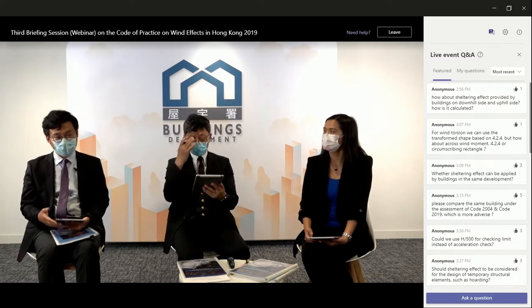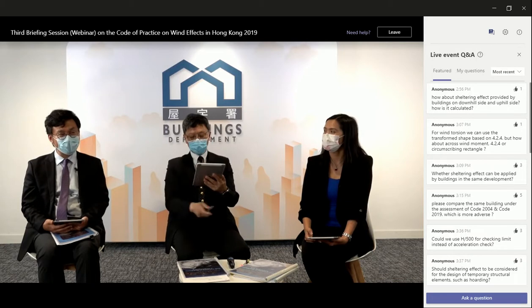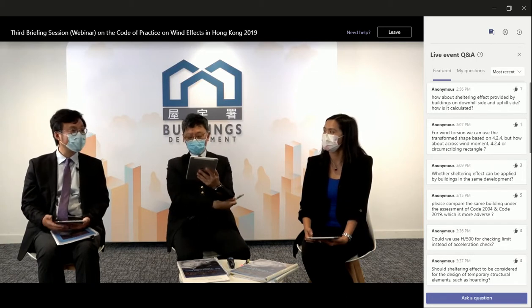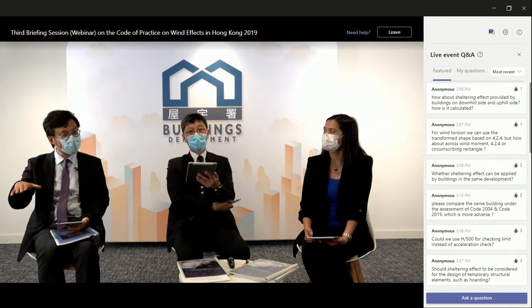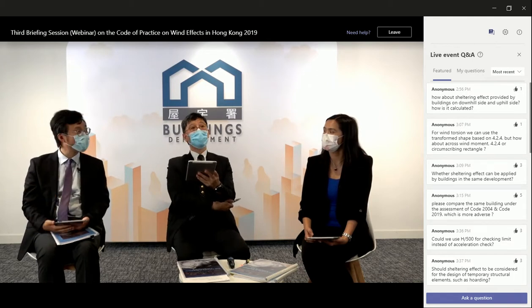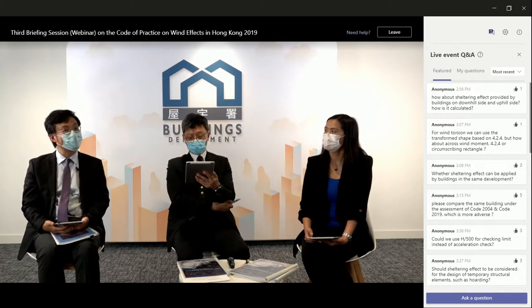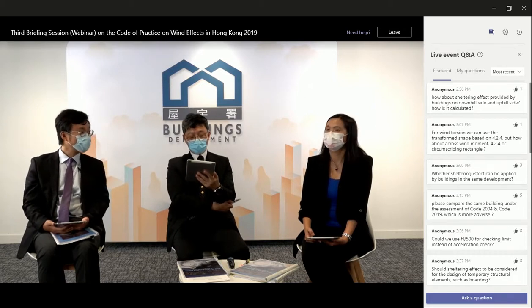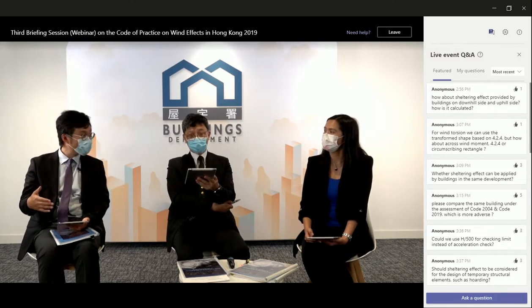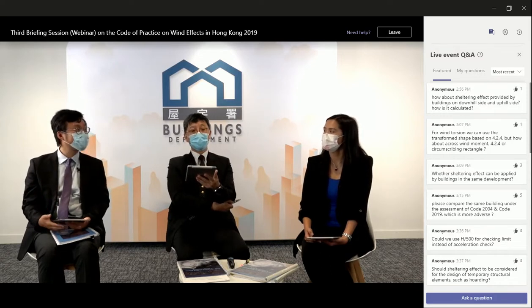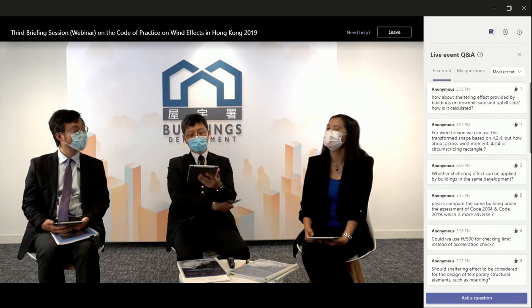However, on the other hand, if the building is located in the urban center with all the surrounding buildings of a similar height, then the sheltering effect will provide a very big benefit. If we take that into account, especially if the building is not very slender, more likely the 2019 code will give a smaller wind load. So I think both cases reflect a more scientific picture for the 2019 code.